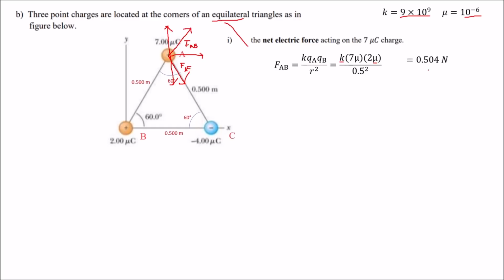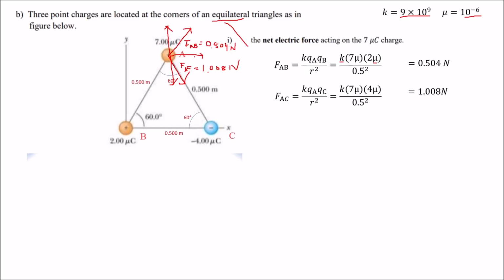We put in the values and we get 0.504 N. So here FAB will equal 0.504 N. Okay, now FAC, again the same thing, A and C. It's 7 and 4, and we don't want the sign, so we get 1.008 Newton. So here will be 1.008 Newton. And then now we want to resolve it into x and y.